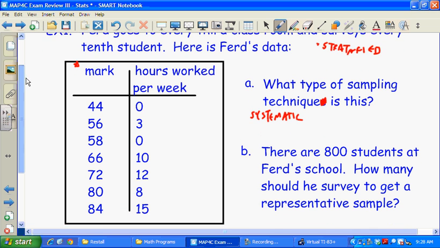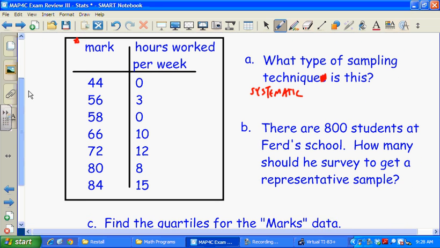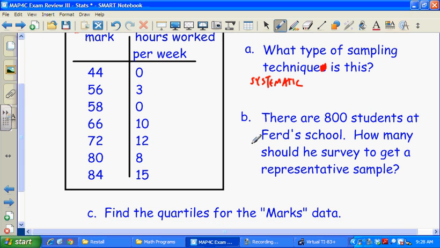Systematic. There are 800 students at FERD school. How many should he survey to get a representative sample? Well, remember, our textbook says 10%. So it's just 10% of the 800. 0.1 is 10% as a decimal. Of means times, and that's 80.